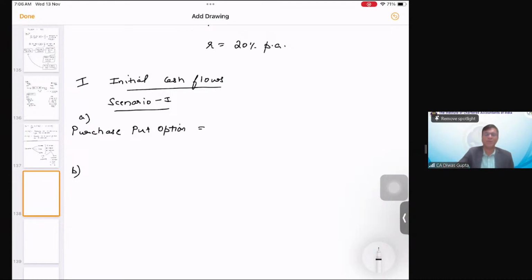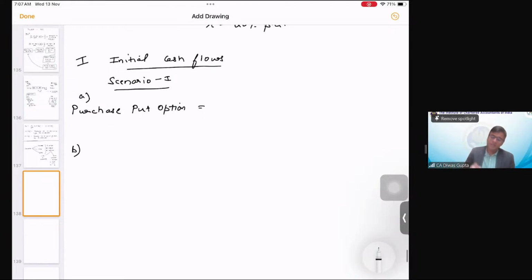If I've purchased a put option, what corresponding action should I do in the spot market? Purchase a share. Yes, we need to purchase a share, because purchasing a share means we will hold that share. In case the right to sell is executed, we will be selling that share under the put option.